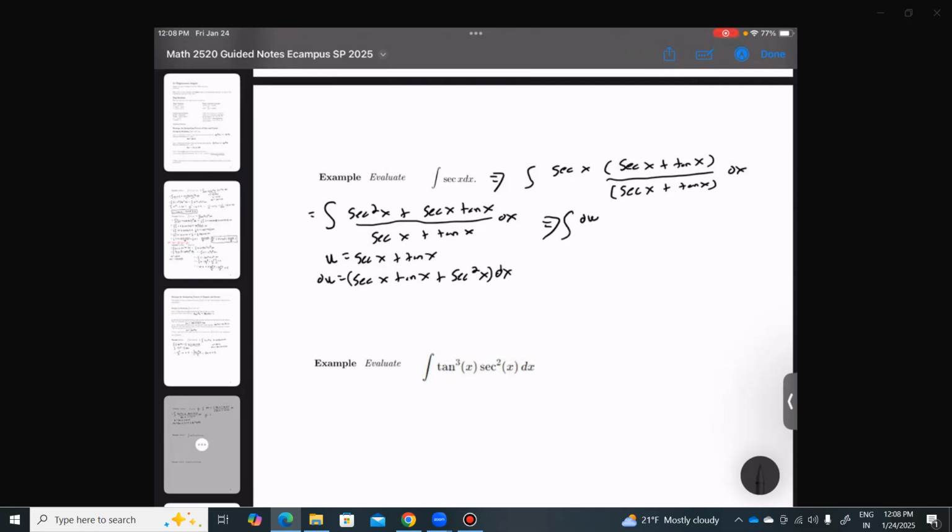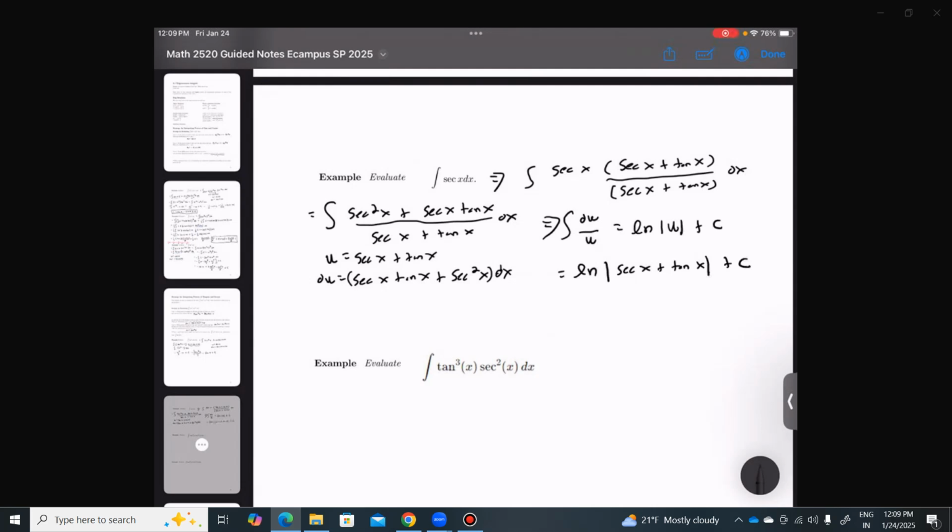The bottom is what you have for u. And we can integrate that and we get natural log of u plus c. And so we'll end up with the natural log of secant x plus tangent x plus c.